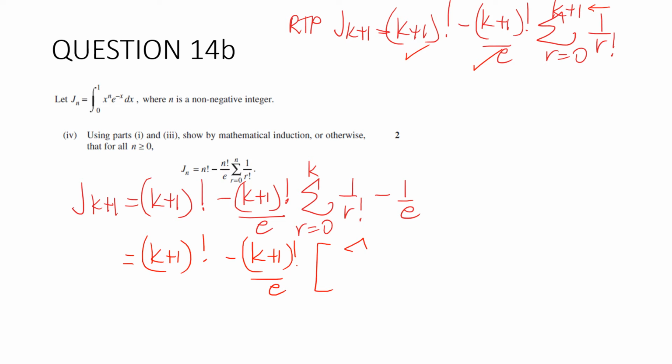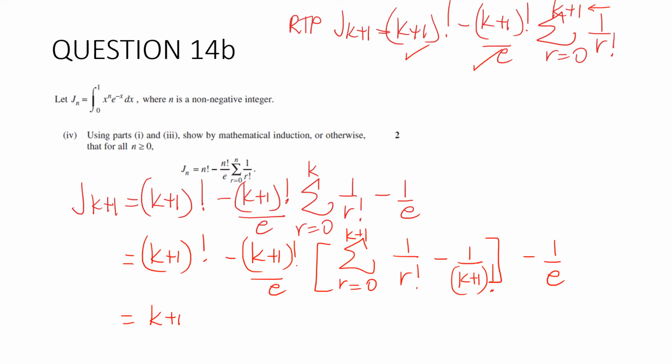What I want here is sum from r=0 to k+1 of 1/r!, and I need a minus 1/e out here. Now, what I have done there is included a 1 over (k+1)!. So now I'm going to subtract it. Does that make sense? Hopefully it does.